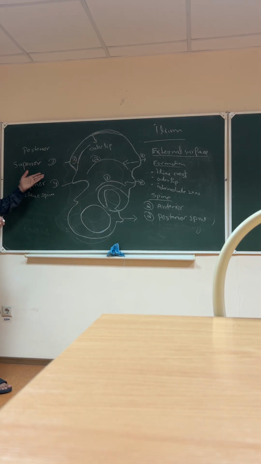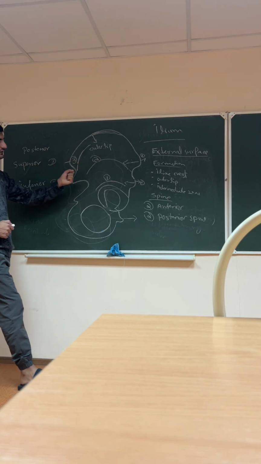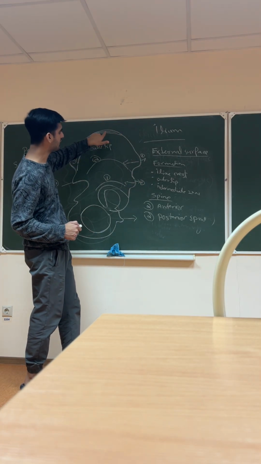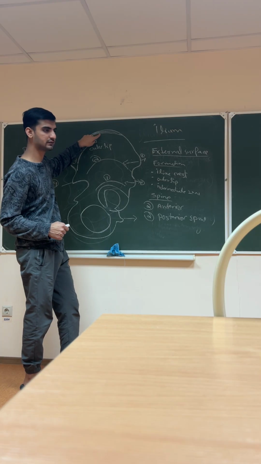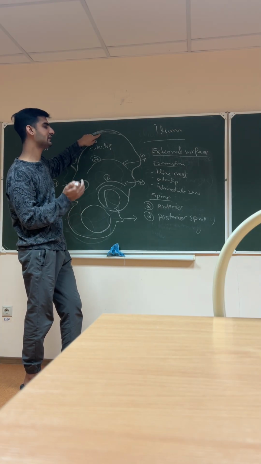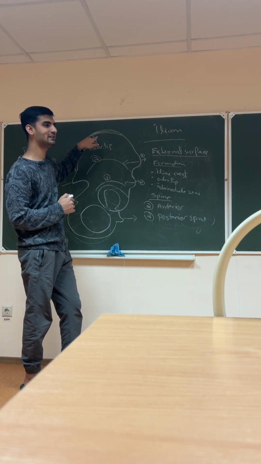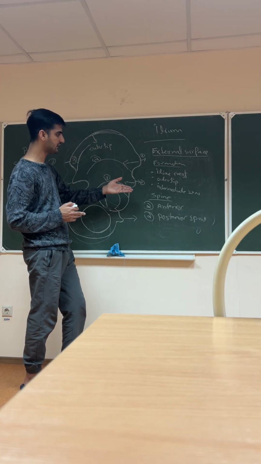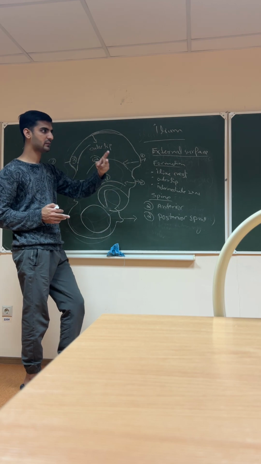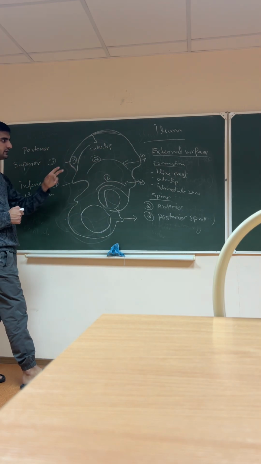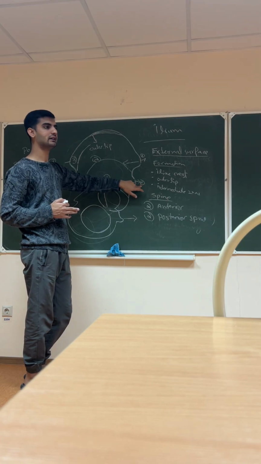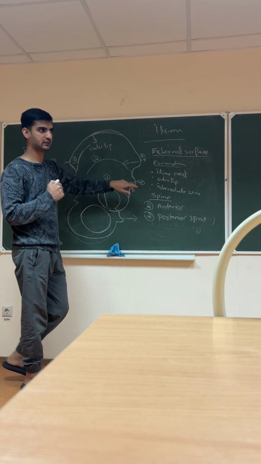Okay, and now the external surface formation. In the external surface we have the iliac crest. Second we have the outer lip, because the outer lip is on the external side and the inner lip on the internal side. Then between the inner lip and outer lip we have the intermediate zone. Second, on the anterior side we have two formations, and on the posterior side we have two formations. On the anterior side we have the anterior superior iliac spine and anterior inferior iliac spine.